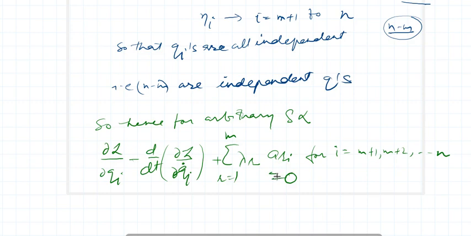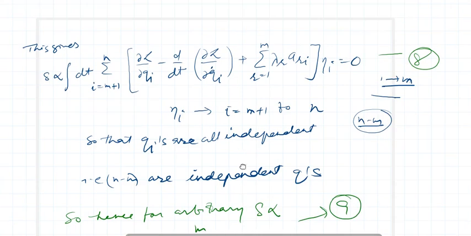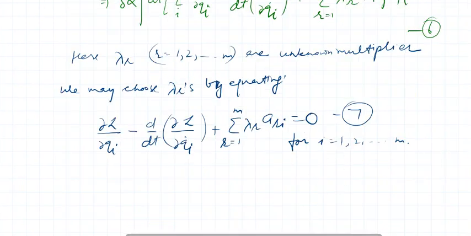So if I combine these equations, say the previous equation let me call equation number 8, and let me call this equation number 9, and in the earlier slide this is equation number 7.